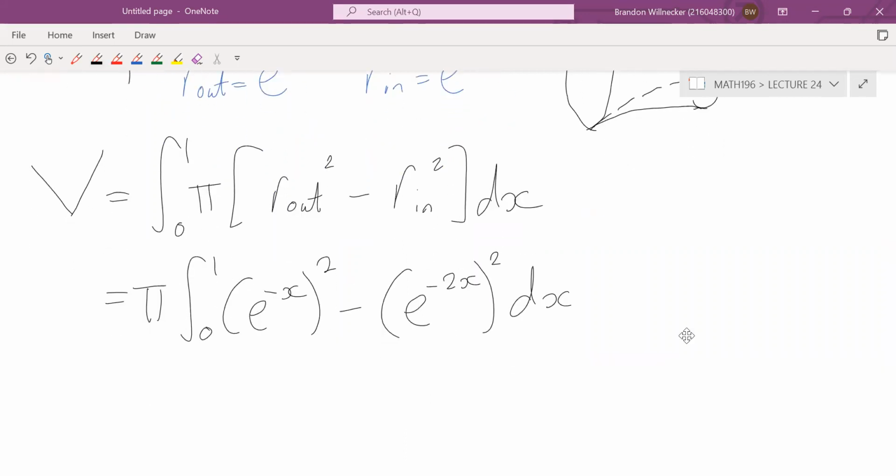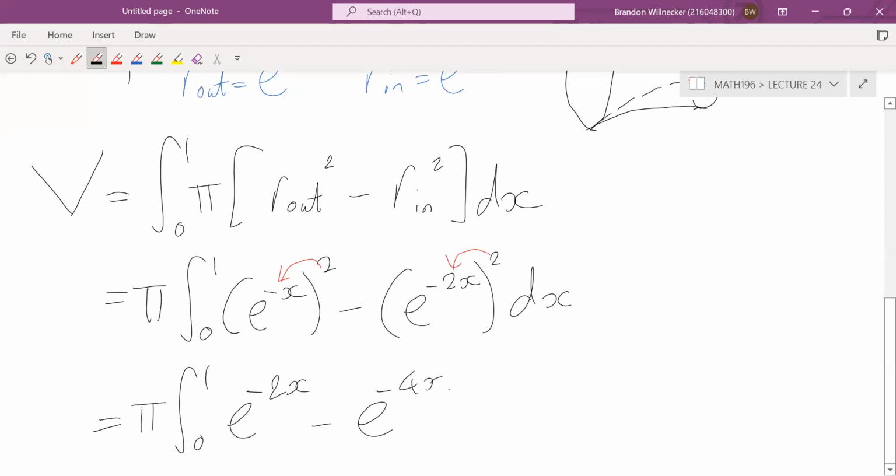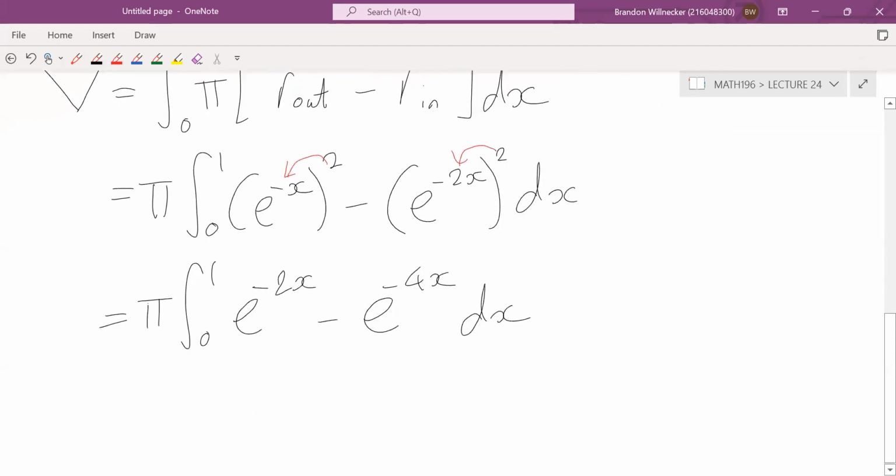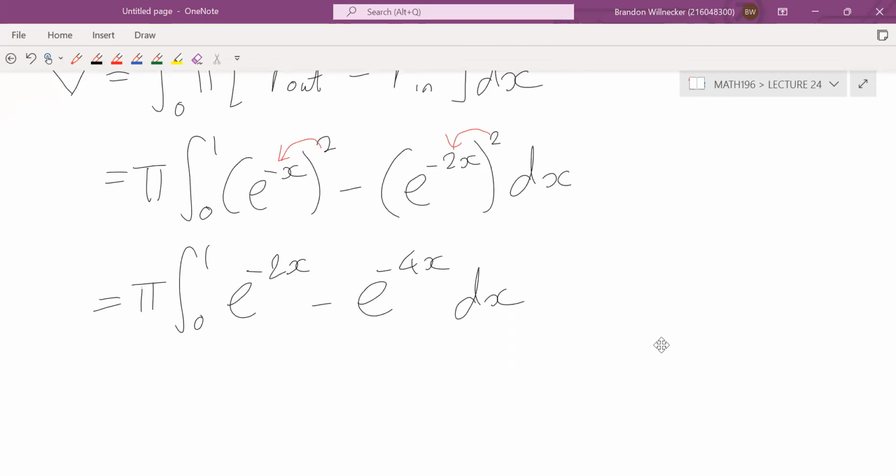Okay, so now remember your rules with exponents. If you have an exponent to the power of an exponent, you multiply inside. So that's going to be pi integral from 0 to 1, e to the minus 2x, because we times the 2 inside, minus e to the minus 4x. Okay, so now we need to integrate this.